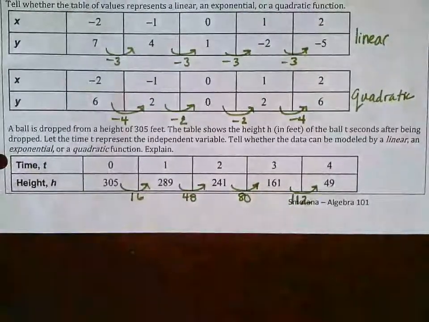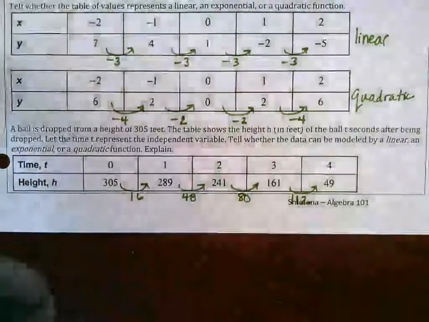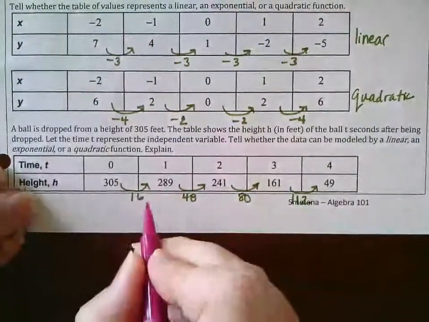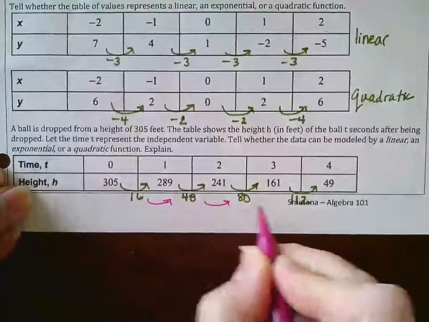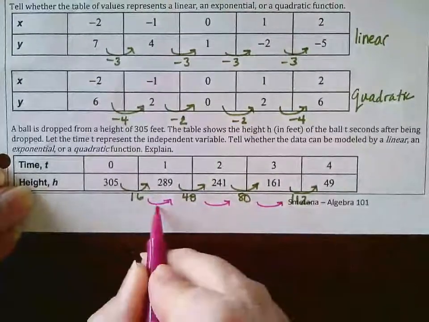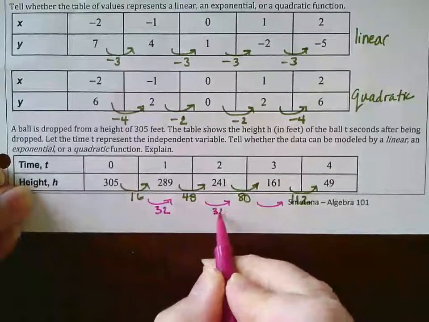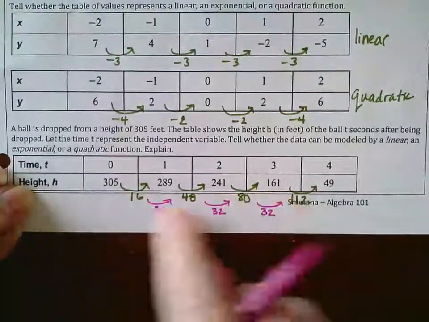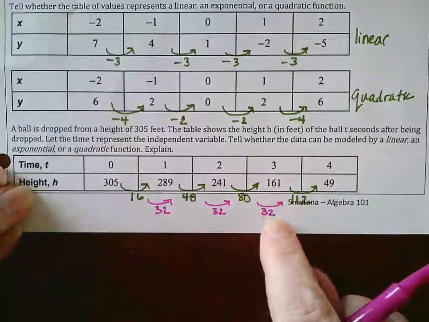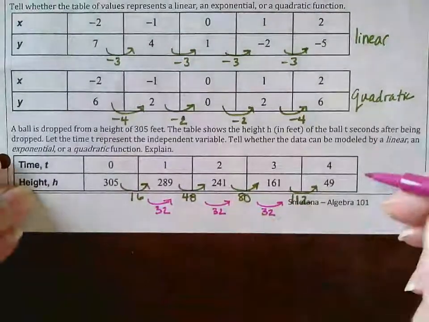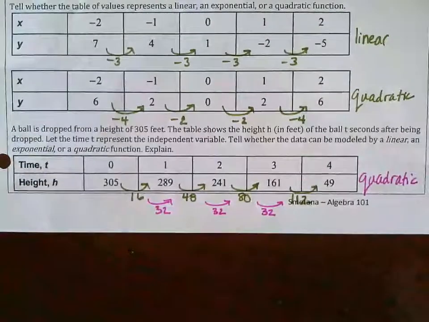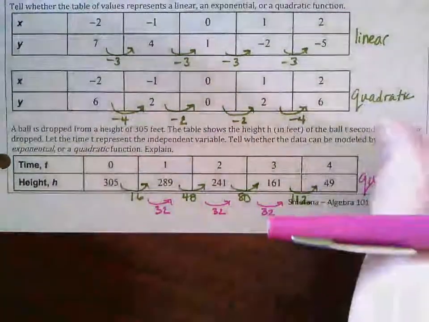And you're like, well, that's great, but I don't have anything in common here for a common ratio, so it can't be exponential. But then when you do it again, you'll notice it's 32, 32, and 32. First difference, second difference. If the second difference is all the same number, it is quadratic. Okay? All right.